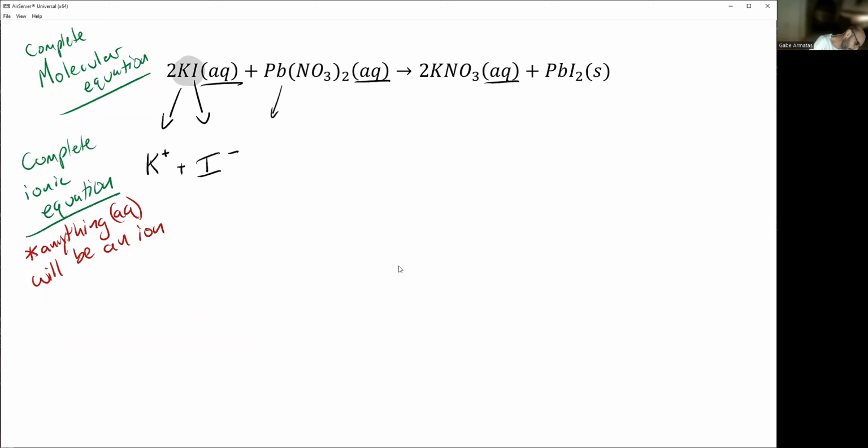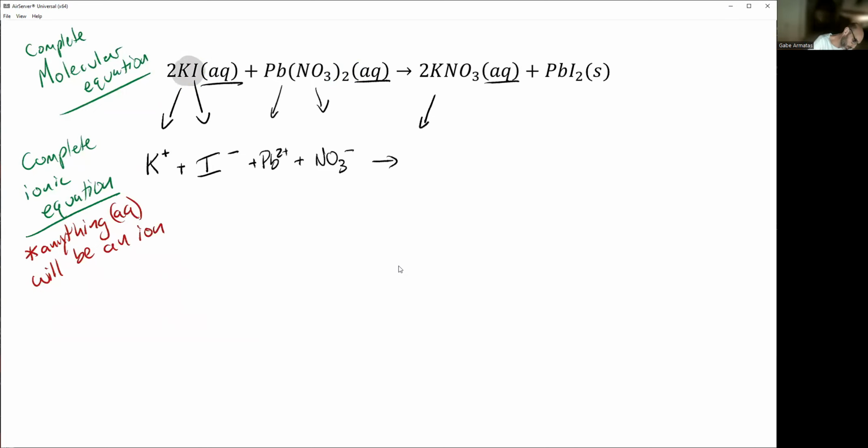I have lead and I have nitrate. Lead is lead 2+, and I know nitrate, because it's a polyatomic, is always the same charge, NO3-. Again, I don't care about the number of nitrates. I've got 2 nitrates, 2 potassiums, 2 iodides, but I don't really care about any of that. So I've got all of those aqueous ions.